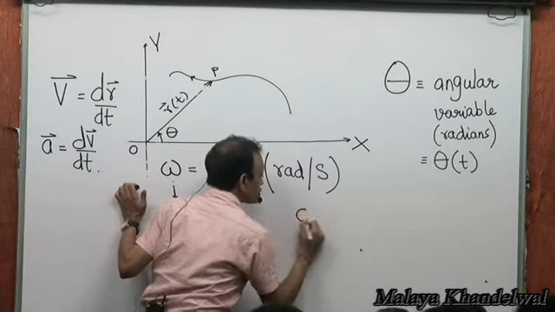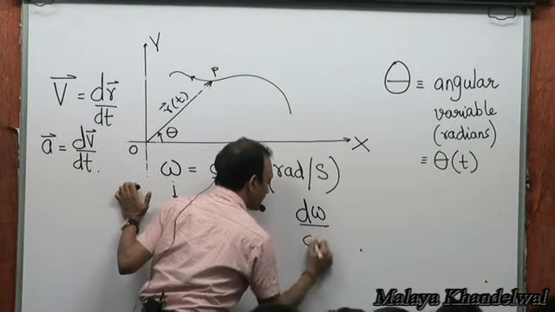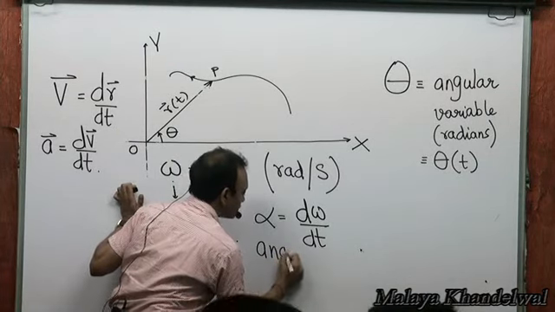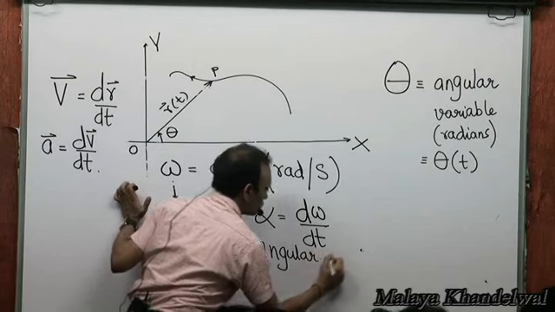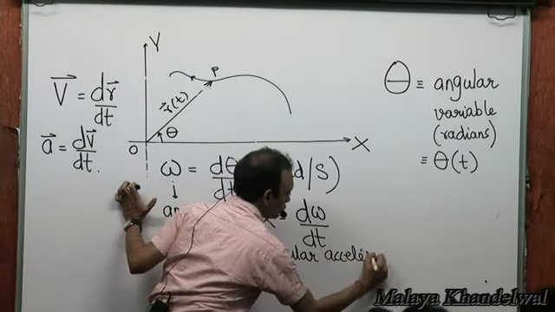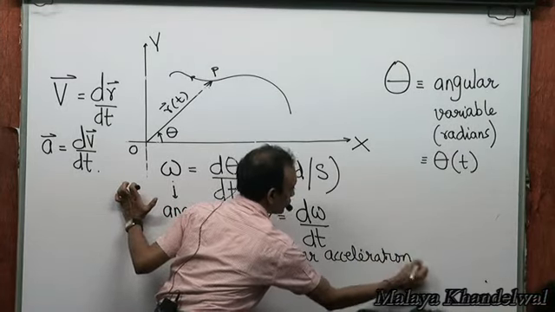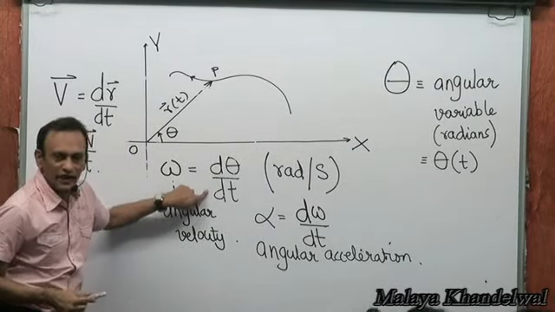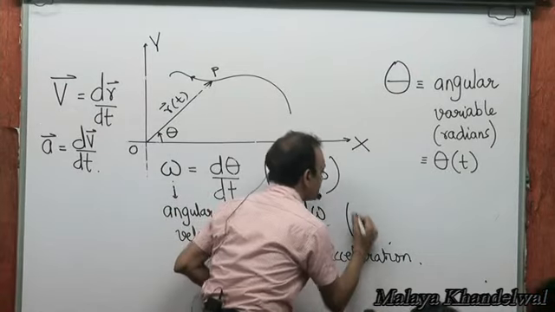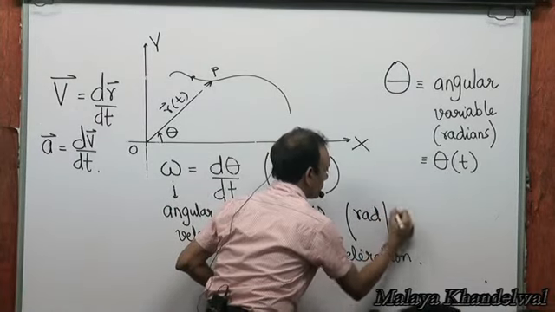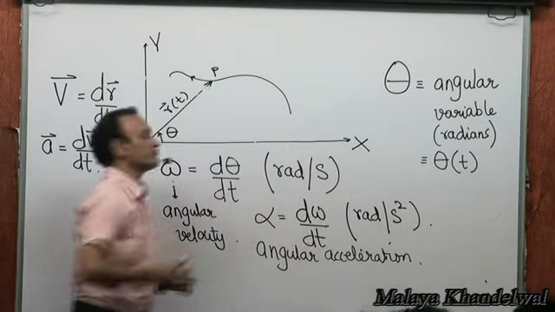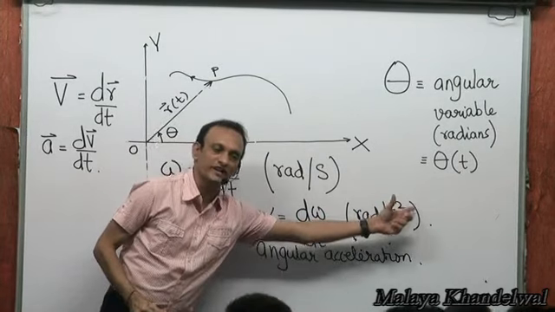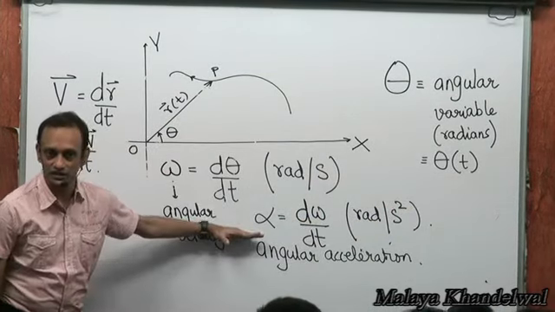We define d omega dt, the rate at which omega changes with time, as alpha, which is the angular acceleration of the particle. While omega is measured in radians per second, this is measured in radians per second squared, as you can check for yourself. d omega is radians per second, that makes it radians per second squared. That's angular acceleration. Clear?